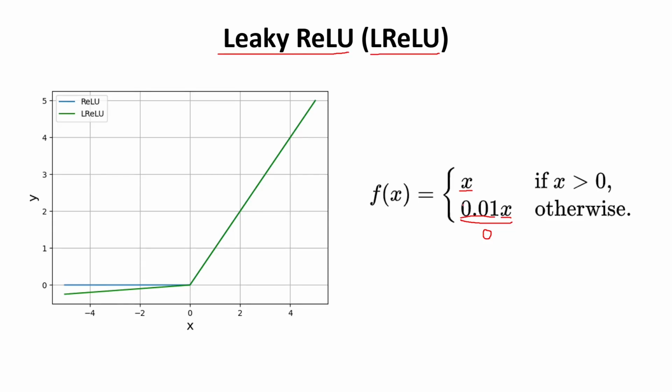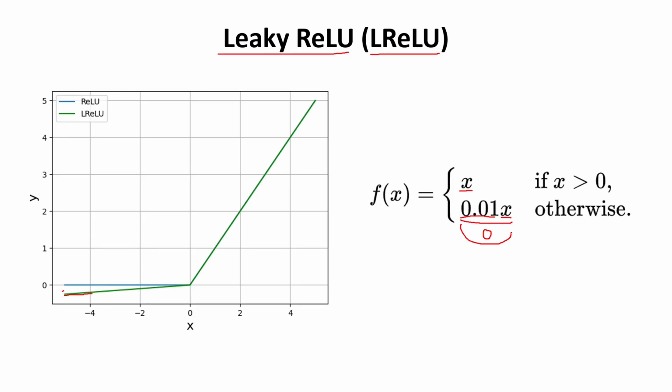This is also reflected on this graph, where we have this line that is slightly below 0, which reflects the values on the negative side of Leaky ReLU. We modified the ReLU function in this way because we wanted to have some kind of signal even when we have negative values.